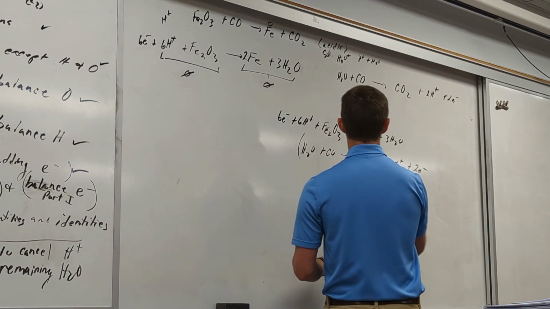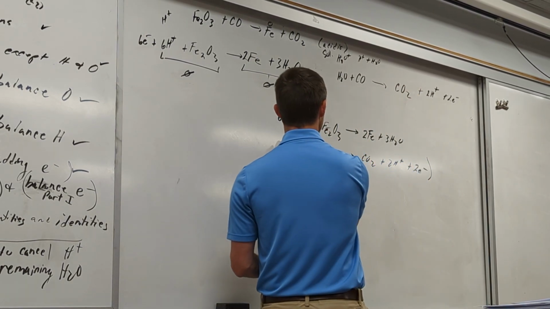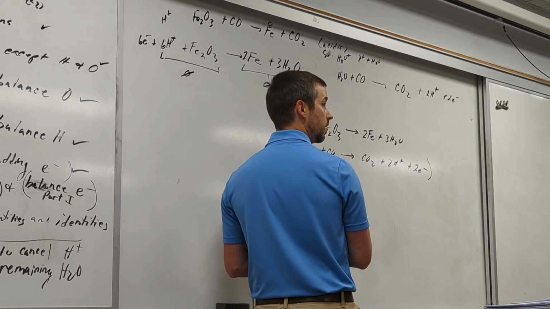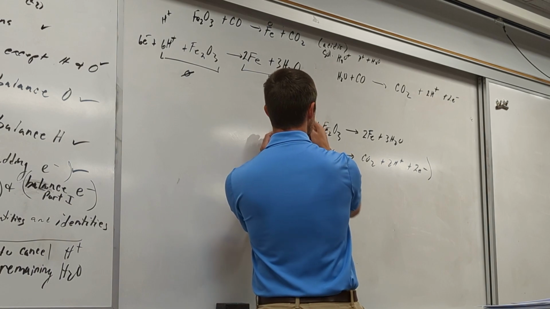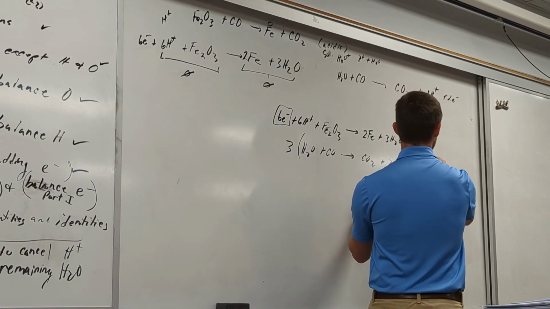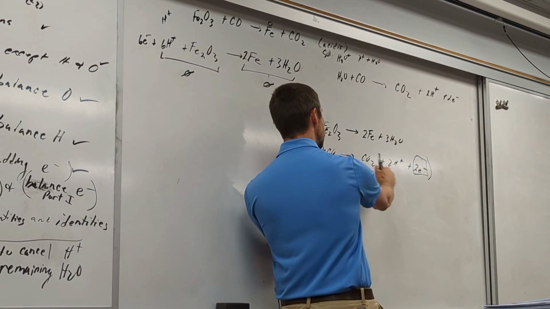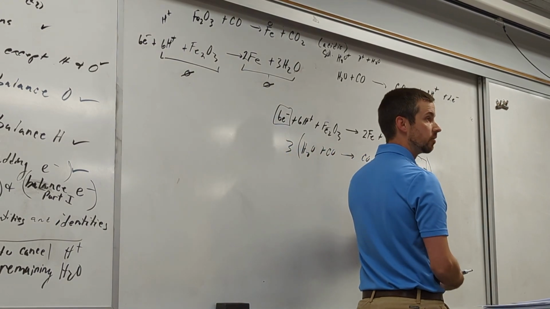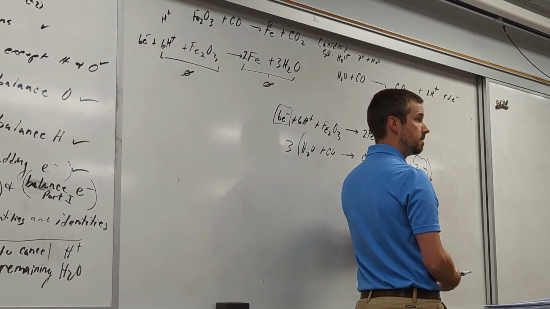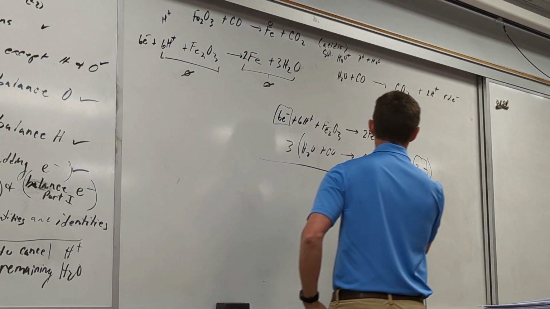So if we take this whole thing and multiply by 3, right? The reason for that is we're trying to balance these electrons, and notice those are not the same. If we did this reaction 3 times, would that have produced 6 electrons? Yeah? All right, so let's go ahead and do that.